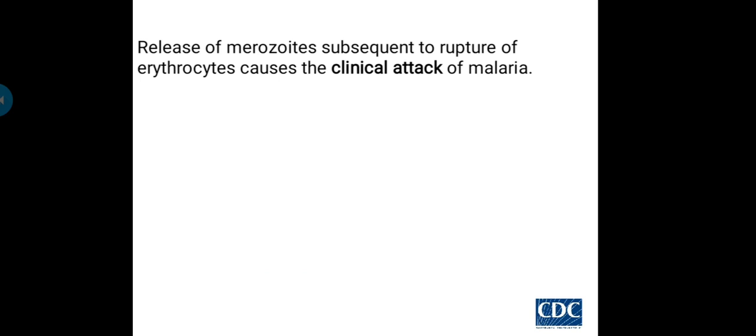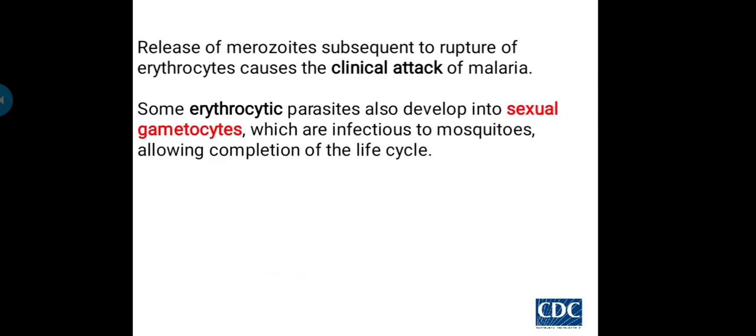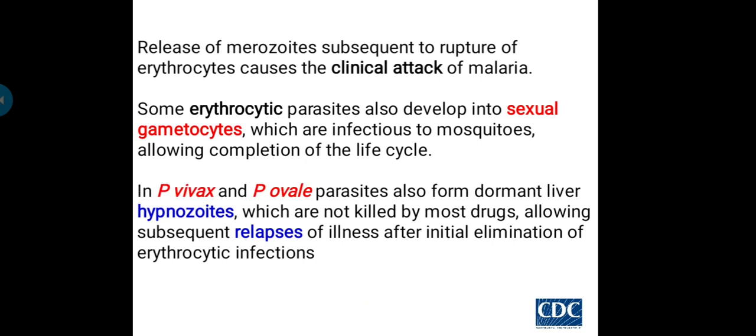Release of merozoites following rupture of the erythrocytes causes the clinical attack of malaria, and some erythrocytic parasites also develop into sexual gametocytes, which are infectious to mosquitoes, allowing completion of the life cycle. Vivax and ovale parasites also form dormant liver hypnozoites, which are not killed by most of the drugs, allowing subsequent relapse.